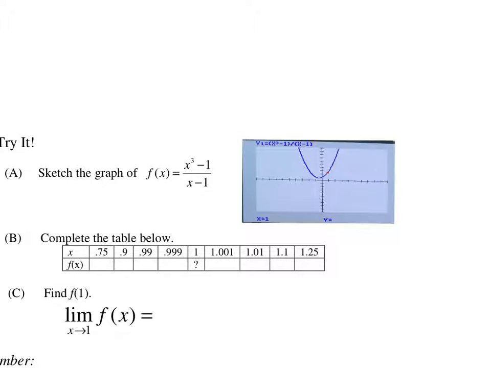So we're going to hit table set, and if I wanted to approach 1, I could set it up to start at 0.9 and go up by 1/10 every time. Then I can view the table by hitting second and table.